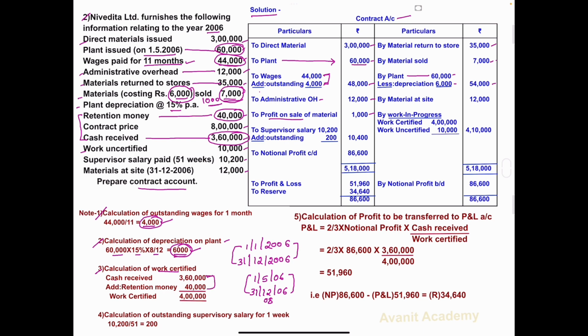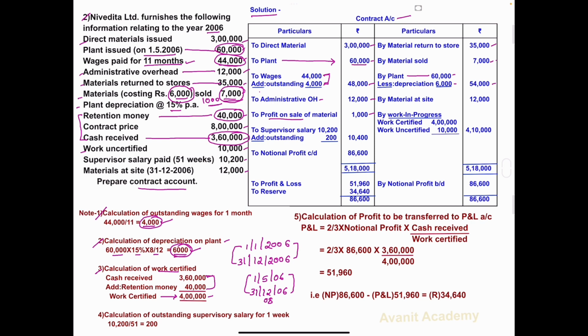Add these two amounts and the total of these two is 4 lakh, and this is the work certified amount. Got it, all of you? So now we have got work certified and work uncertified amount.